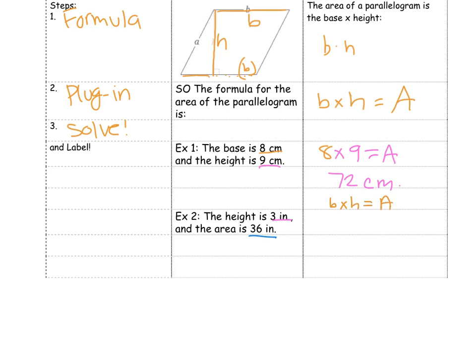So we know the height is 3 inches, and we know the area is 36, but we don't know what the base is. So we have to try to figure out what that is. So in order to do that, we're going to divide both sides by 3 to get the base by itself, for the base to equal 12 inches.